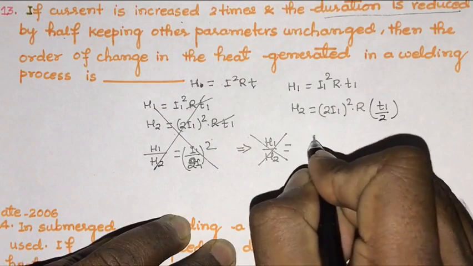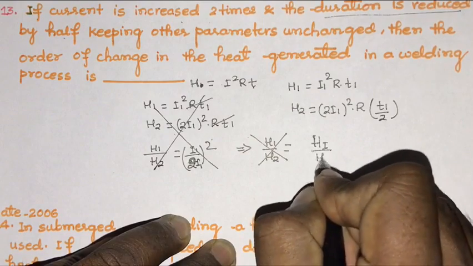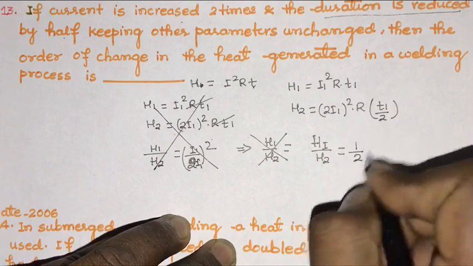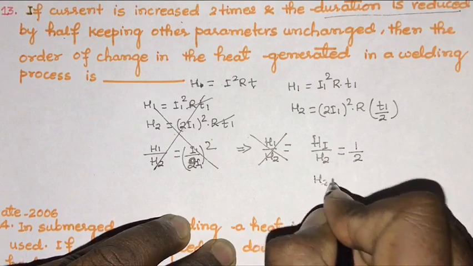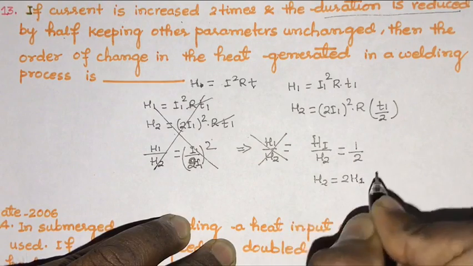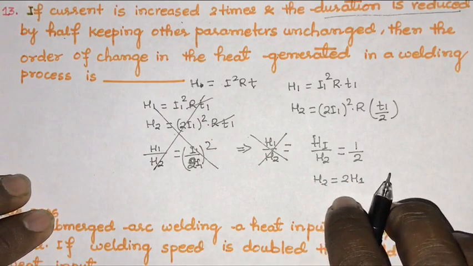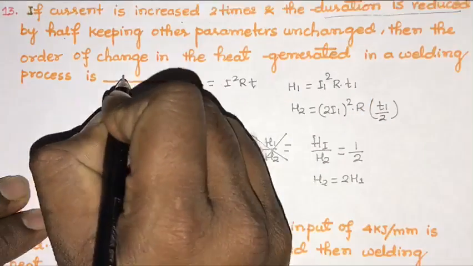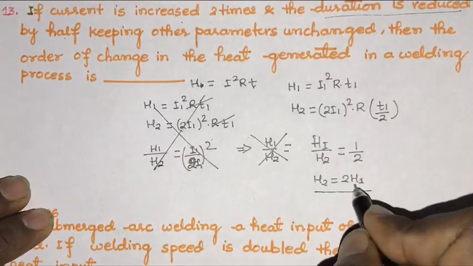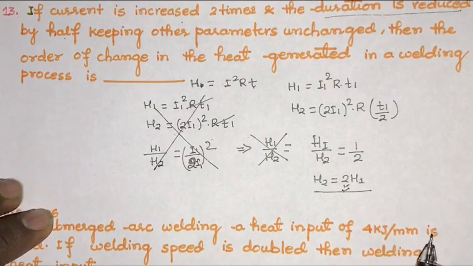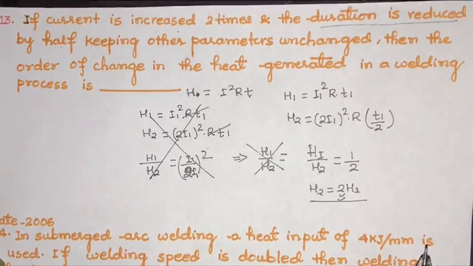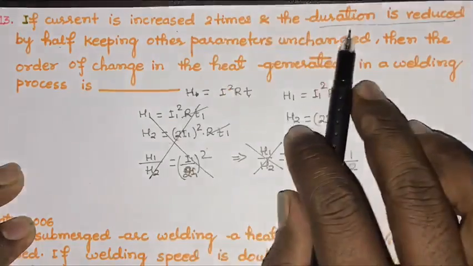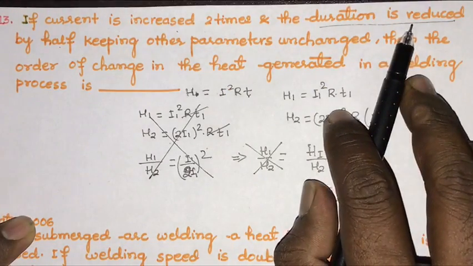Now if we find H1 by H2, we will get 1 upon 2. So H2 will be equal to 2H1. So the heat generated will be 2 times as compared to the previous one if we increase the current 2 times and decrease the duration by half.